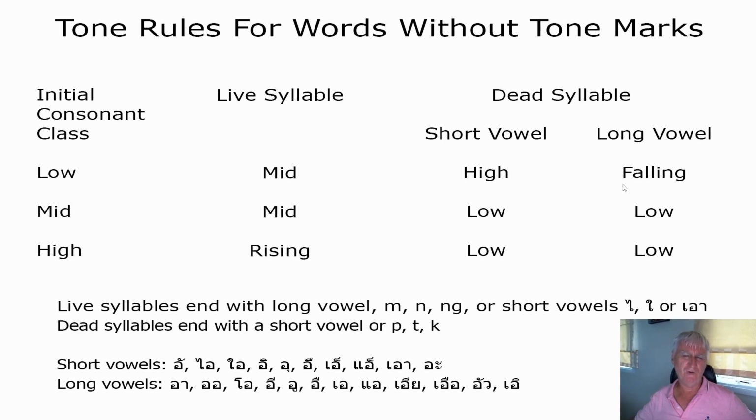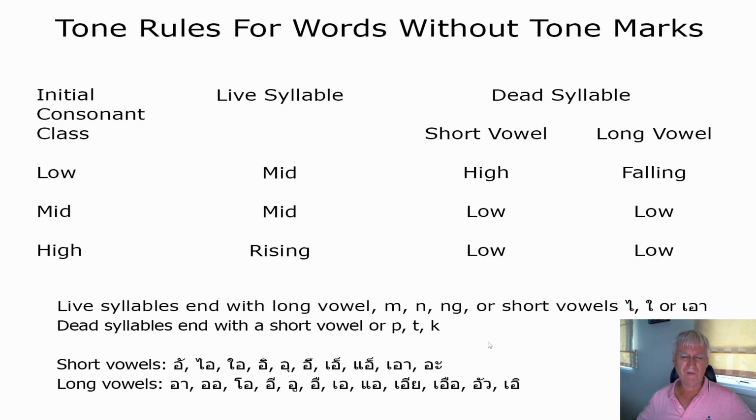And with regards to the vowel length, when I went through vowels in the earlier Back to Basics tutorials, I mentioned they come in pairs. You know, there's always a short vowel and a long vowel. And just to summarise, I've written the short and long vowels at the bottom here.